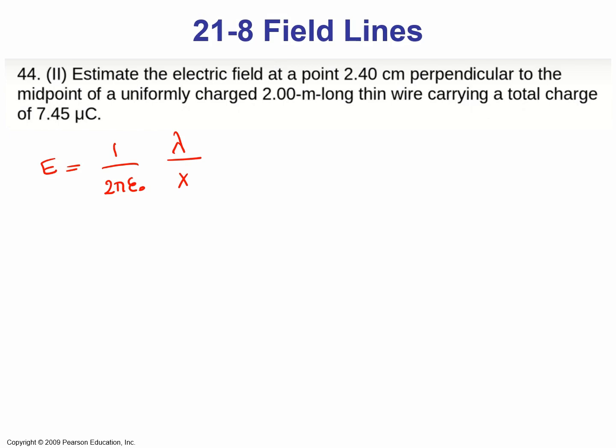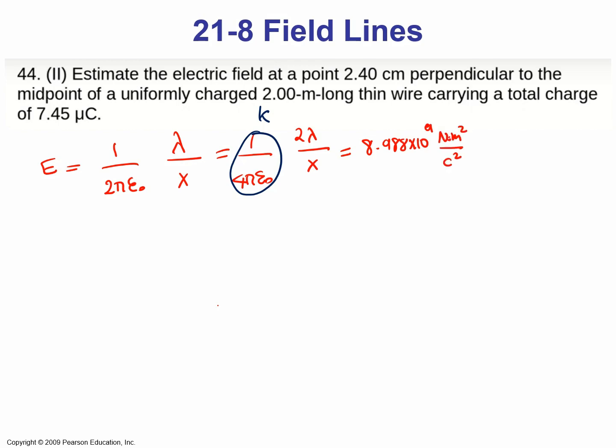So let's plug in the numbers. We have 1 over 4 pi epsilon naught, 2 lambda divided by x, and by this we're constructing the electric constant, which we can substitute as 8.988 times 10 to the power 9 newton meter squared per coulomb squared, multiplied by 2, and lambda is 7.45 times 10 to the power minus 6 coulomb, divided by the length of the wire, 2 meter.